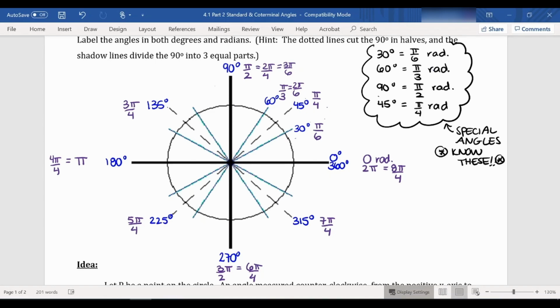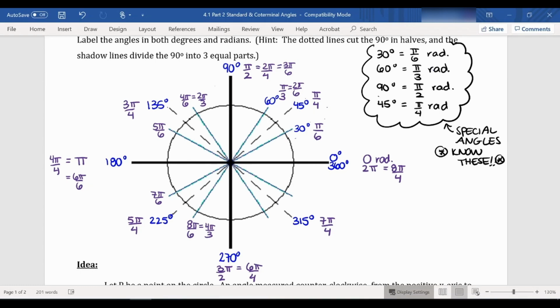The next one would be 4 pi over 6, which could simplify to 2 pi over 3. Then I would have 5 pi over 6, then 6 pi over 6, then 7 pi over 6, then 8 pi over 6, which I can simplify.